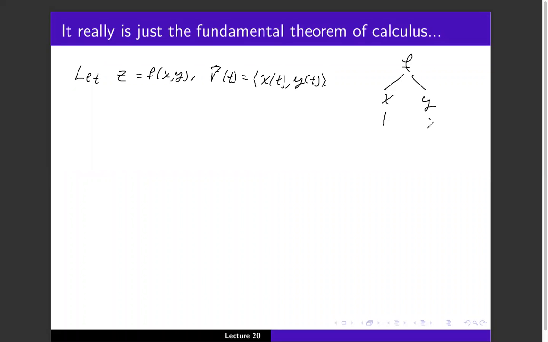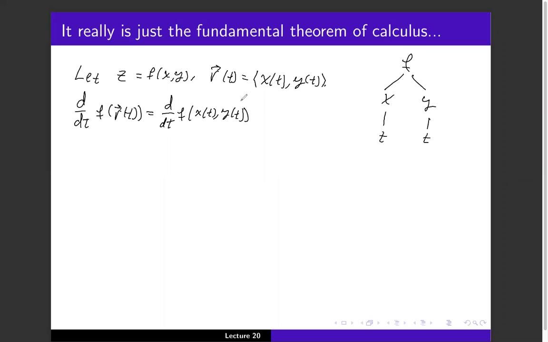But each of x and y depend on t. So if you want to talk about the derivative of f(r(t)), well, that's the derivative, and just to rewrite this slightly, of f(x(t), y(t)).